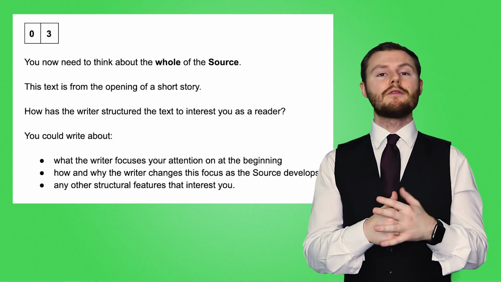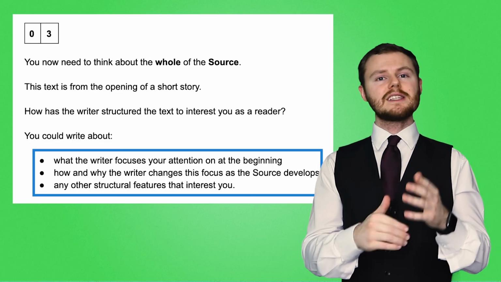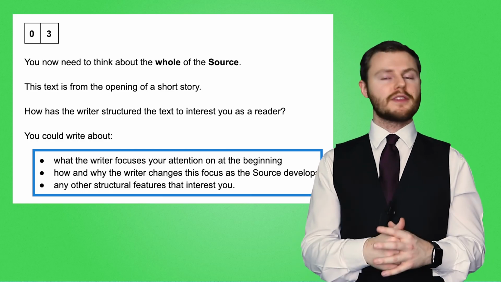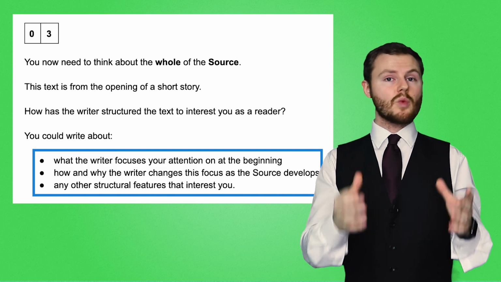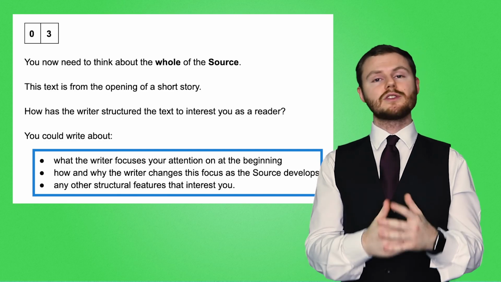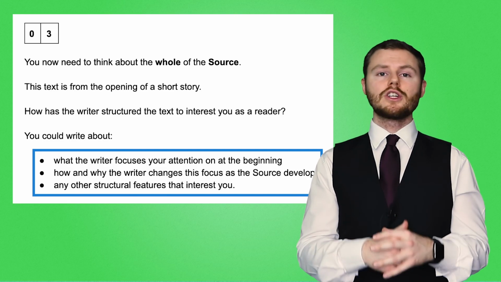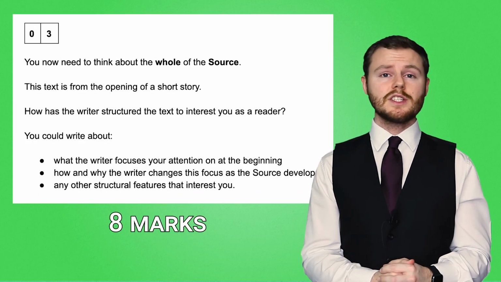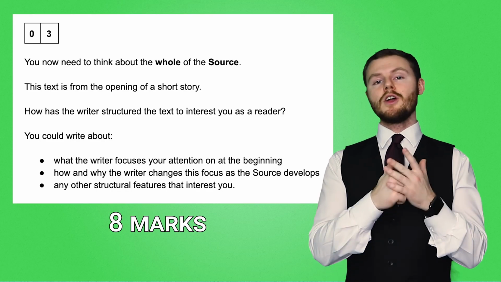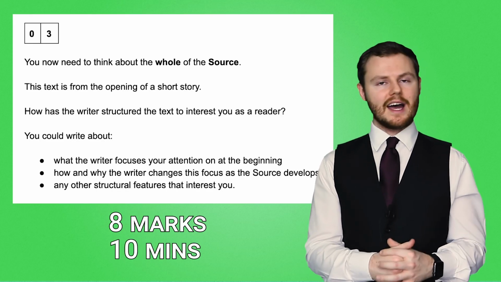Beneath the question, you have 3 bullet points that are there to give you some ideas about what you should be thinking about: what the writer focuses your attention on at the beginning of the source, how and why the writer changes this focus as the source develops, and any other structural features that interest you. There are 8 marks available for this question, and I would recommend spending no more than 10 minutes answering it.